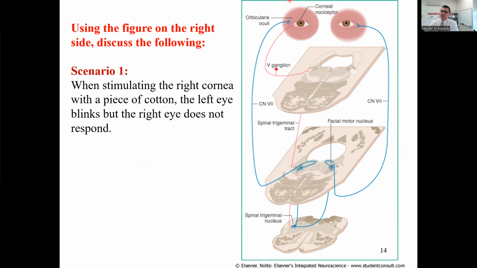So if you stimulate this eye, it produces blinking on the contralateral eye, but the same eye won't blink. Do you think the damage is in the sensory part, which is the trigeminal nerve, or the motor part, which is the facial nerve?